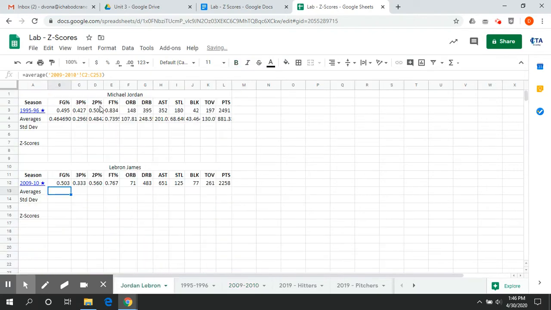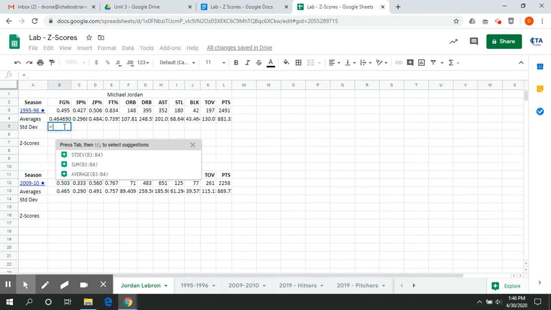All right, and then I get the average from that season. I'll drag it across. So now I have the averages for the 95-96 season, and I have the averages for the 2009-2010 season, because we need the averages if we're going to do a z-score.